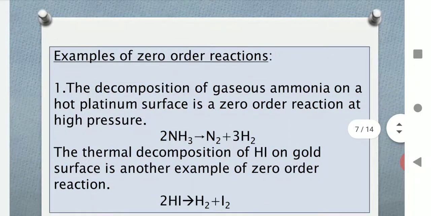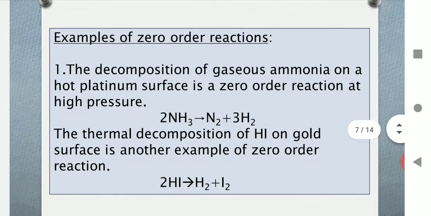Now, these are two examples of zero order reactions. First one is decomposition of gaseous ammonia on the surface of platinum, which is acting as a catalyst here, and ammonia decomposes into gaseous nitrogen and hydrogen. 2 moles of ammonia give 1 mole of nitrogen and 3 moles of hydrogen gas, and this is occurring in the presence of a catalyst, which is platinum.